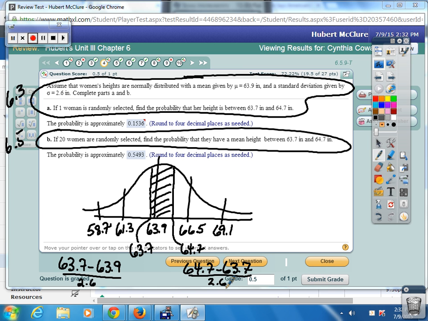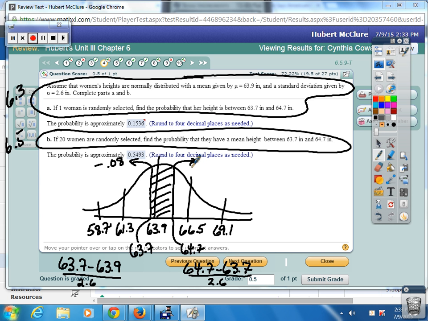Just two decimal places, z-scores. Okay, negative 0.08. And this one is... I'll say it's going to be around 0.15 or something.